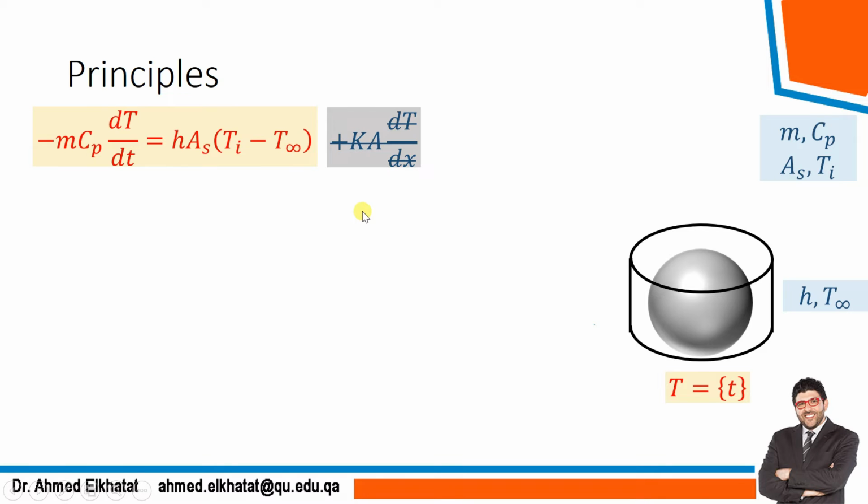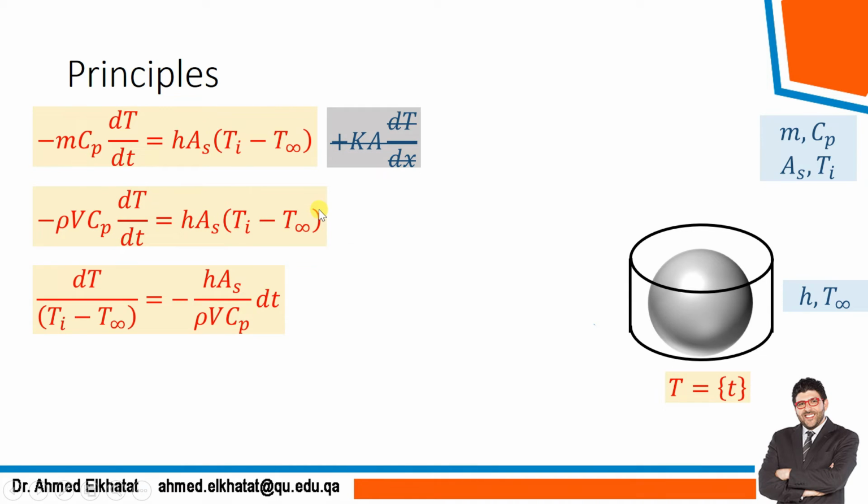So minus m Cp dT over dt equals h As times T minus T infinity. As you know, m equals rho times volume, so minus rho V Cp dT over dt equals h As times T minus T infinity. I can rearrange this equation, moving the temperature part to one side and the rest to the other side.